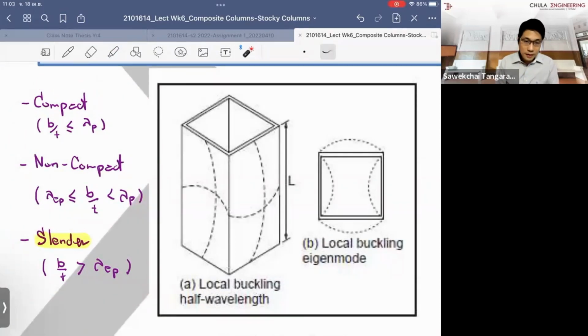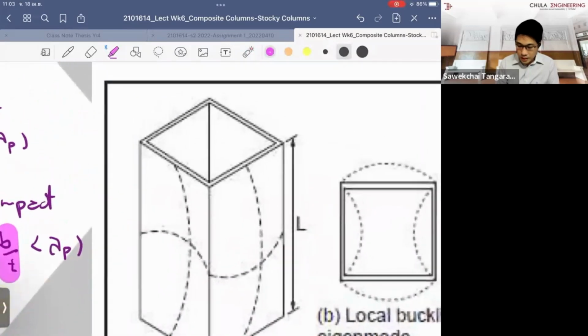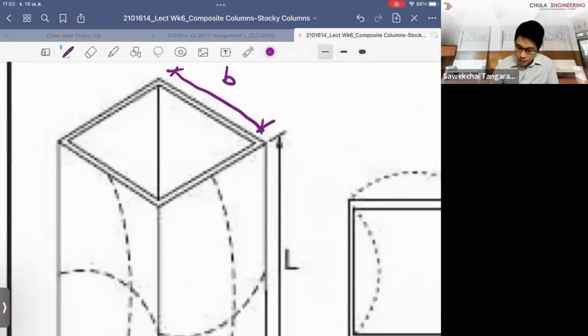So if your section, which you check through the ratio of B over T, B is, if you recall, T is the thickness for the hollow section.